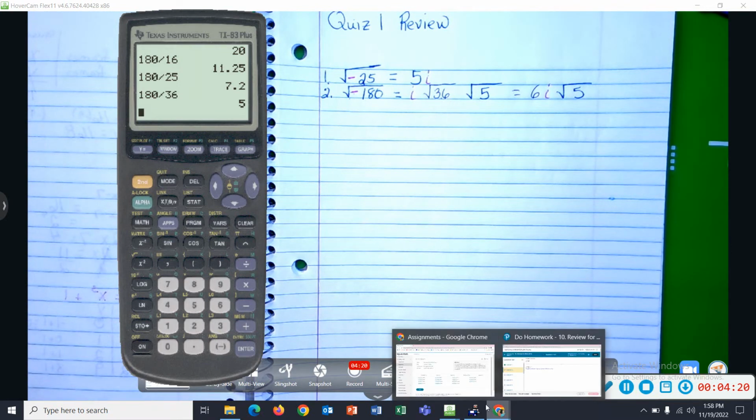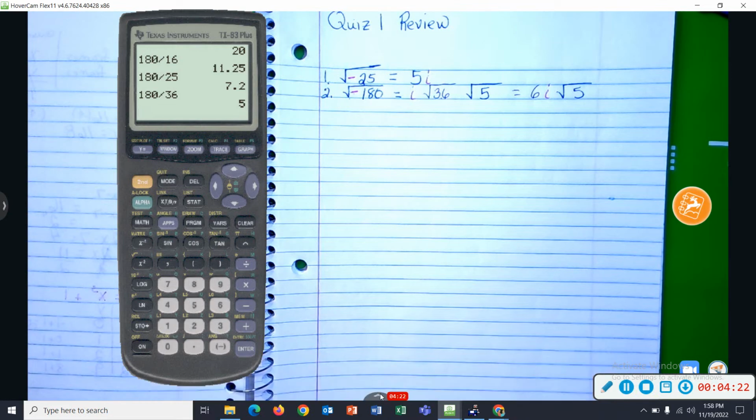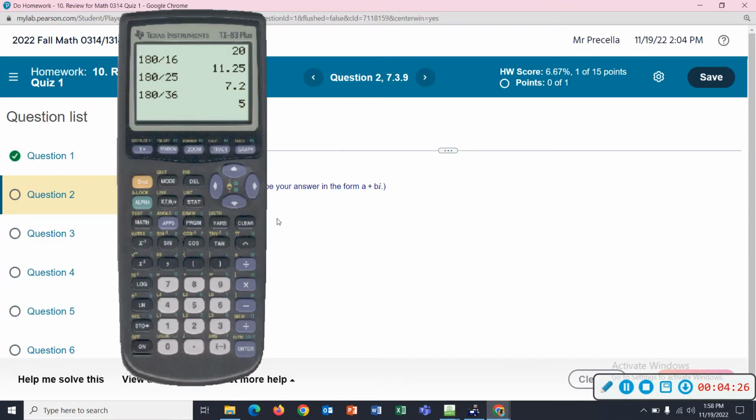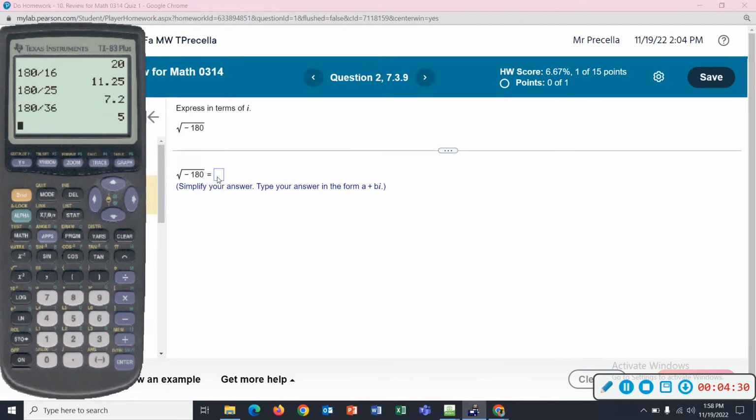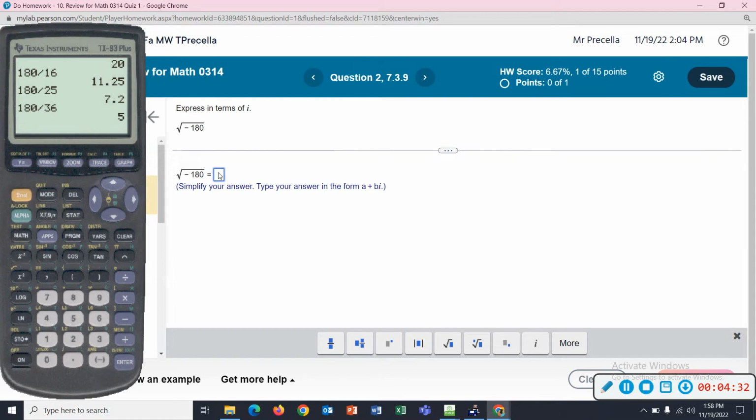Let's punch it in on the calculator. 6i square root of 5.